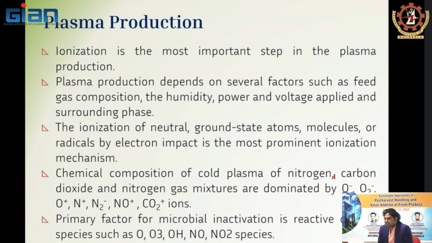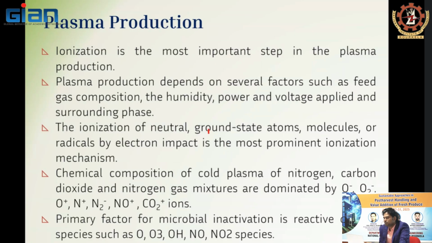Plasma production is nothing but ionizing the gas. It is the ionization of neutral ground state atoms or molecules or radicals by electron impact. Impacting electrons with one another is an easy way to produce ionized gaseous molecules. This is the most predominant ionization mechanism which we use in most plasma production techniques.